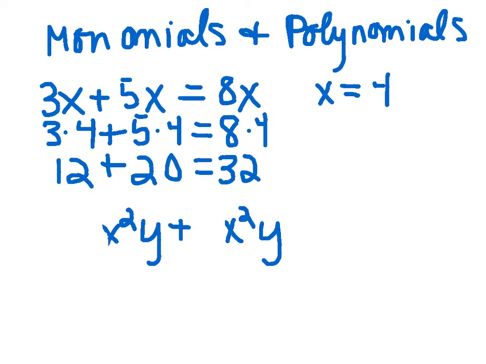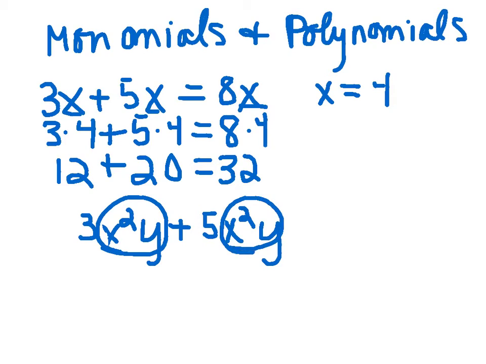That is a definition of like terms. Just like 3 times a number plus 5 times a number gives me 8 of the number, this x squared y represents a number. So if I have 3 of them and I add 5 of them, I've got 8 of them, 8x squared y.